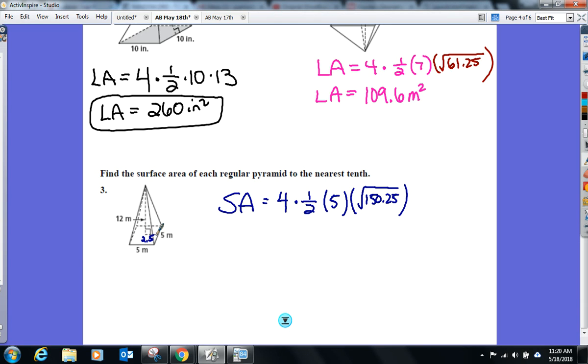Be careful there. Plus the base now of 25. And again, this 50.25 came from 12 squared plus 2.5 squared equals c squared. Any questions where we're getting those numbers? We're all right? So the surface area is going to be 147.6 square meters.